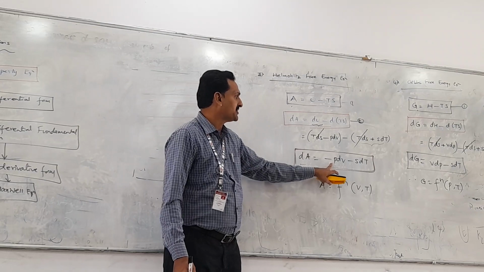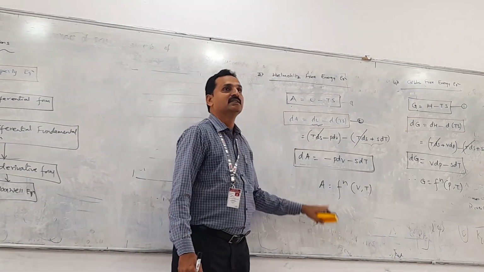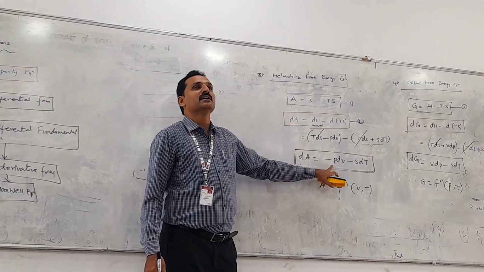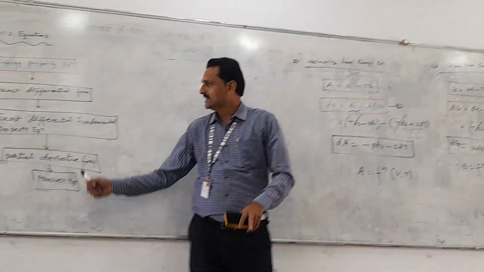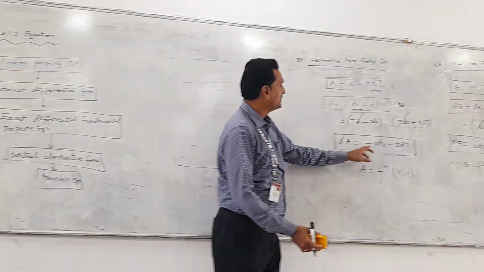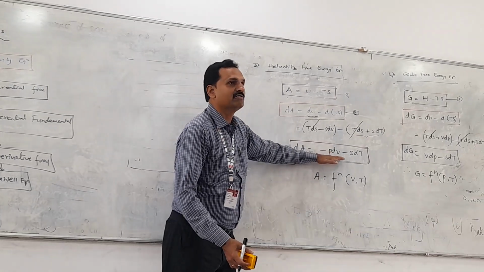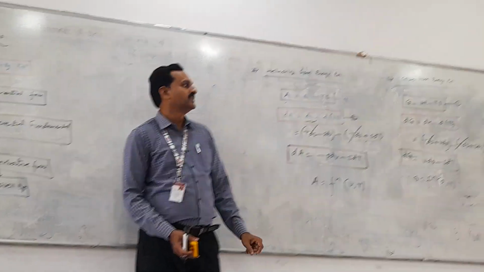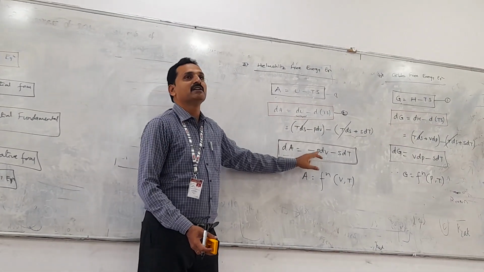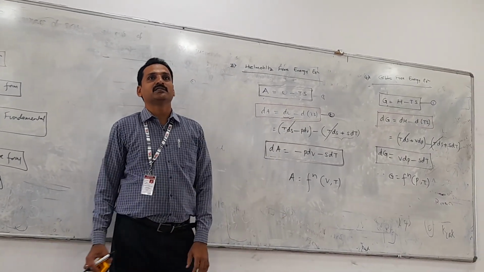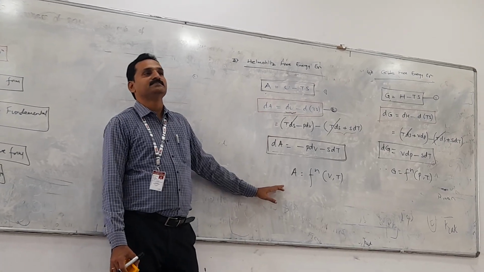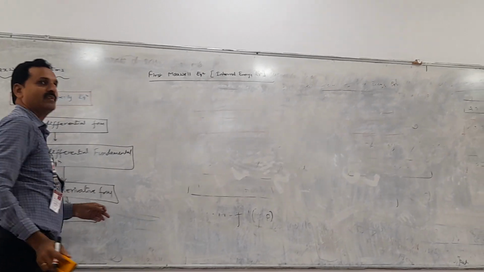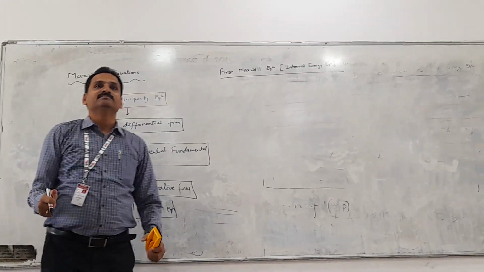Fundamental properties means pressure, volume, entropy, T. Then from this equation we need to derive the partial derivative form. That is called the Maxwell equation. Clear?